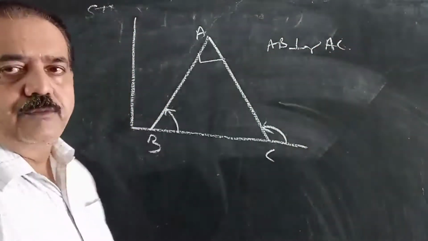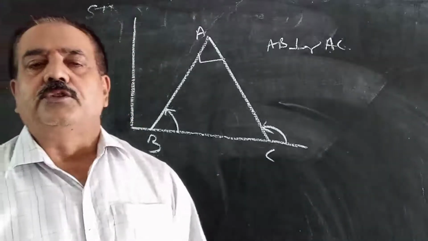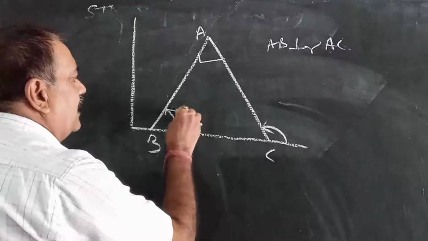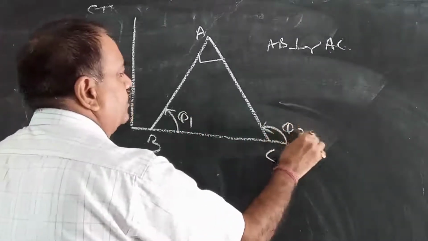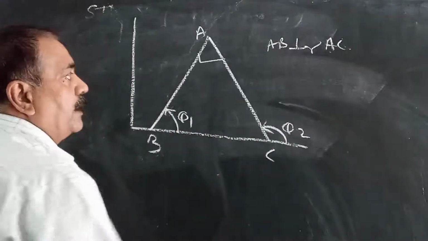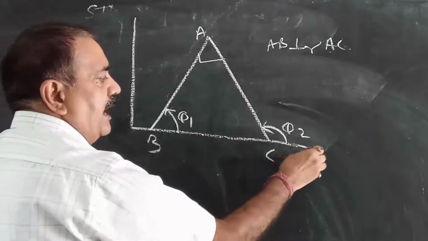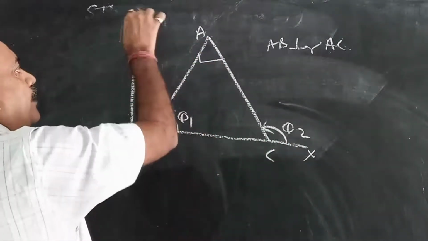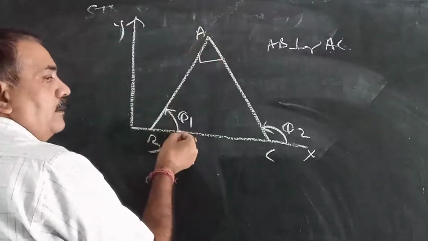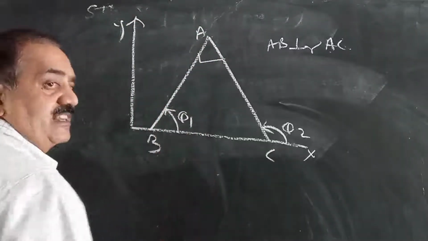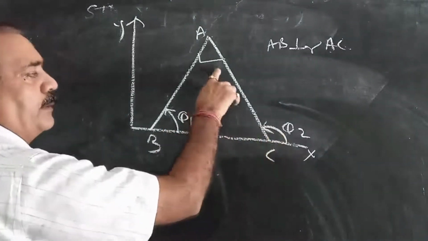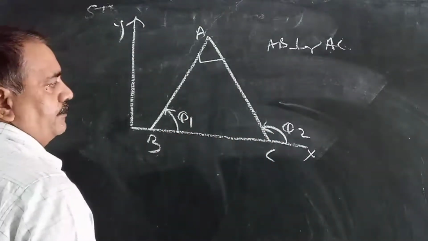Then what is the condition when we can say that the two straight lines are perpendicular to each other? Let this angle be theta 1, this angle be theta 2. These are the slopes made by the line AC with the x-axis in the positive direction, and this is the slope theta 1 made by the line AB in the anti-clockwise direction with the x-axis. Let it be theta 1, this is theta 2, and they are perpendicular to each other, which is 90 degrees.